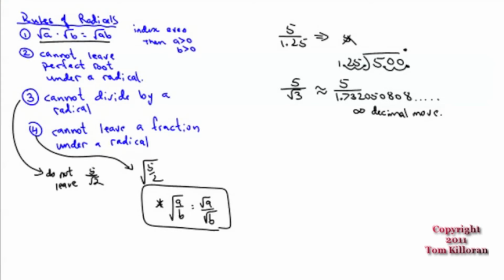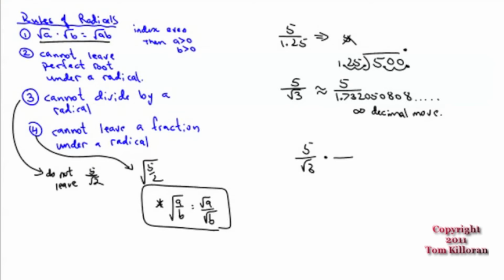So we have to have a way of moving this radical around, getting it away from the bottom. And the trick is this. If you have 5 over the square root of 3, I'm going to multiply by 1, the multiplicative identity. And I'm not going to change the value of this. I'm just going to move things around. I don't like the square root of 3 in the bottom, so what should I multiply it by?